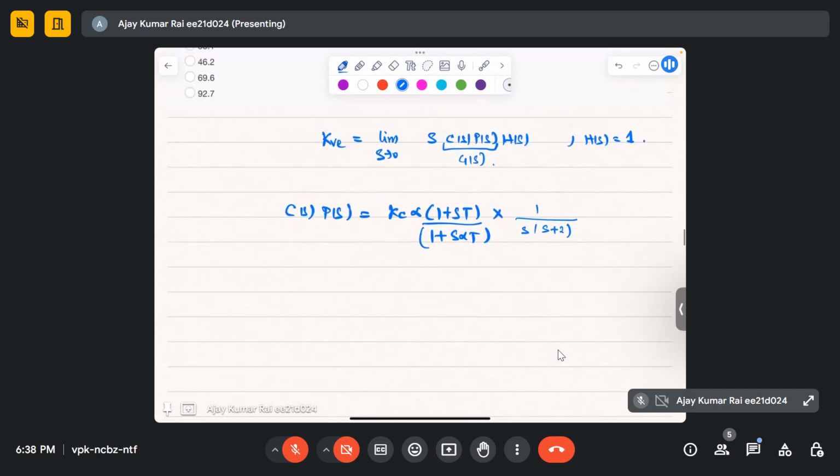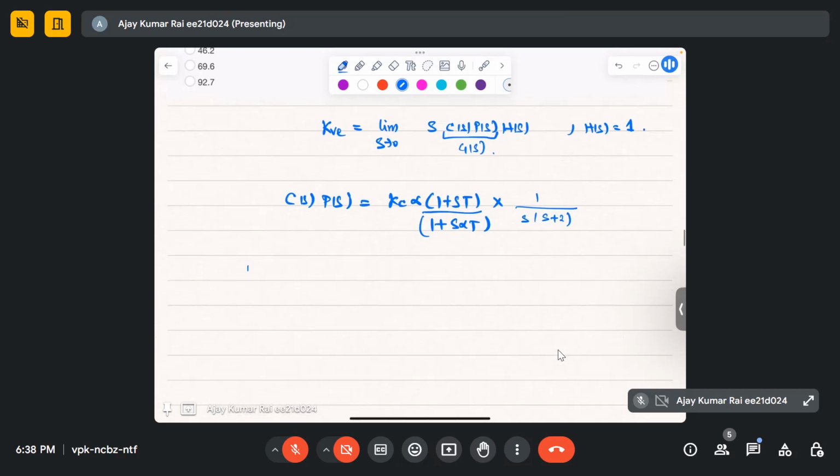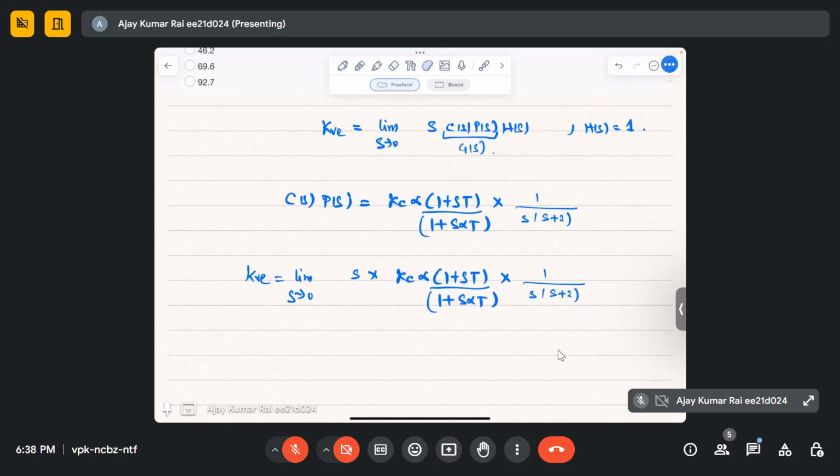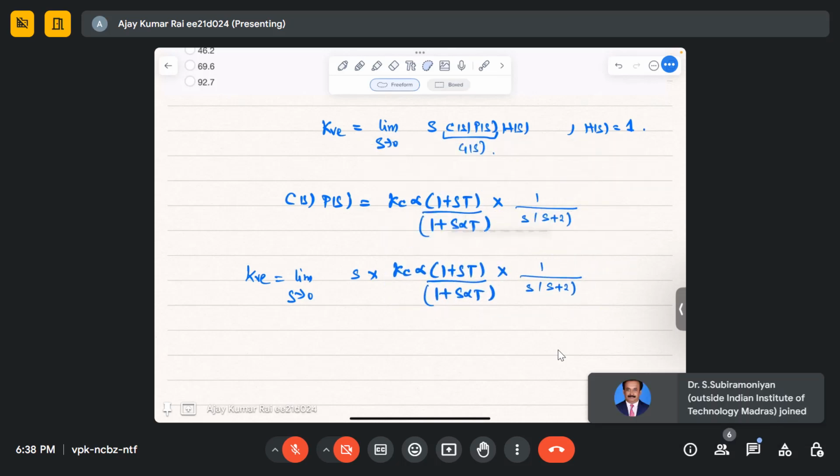Okay. So we have written C(s) and P(s). Let's put the limit. So S into... I'll directly write this. So apply the limits.